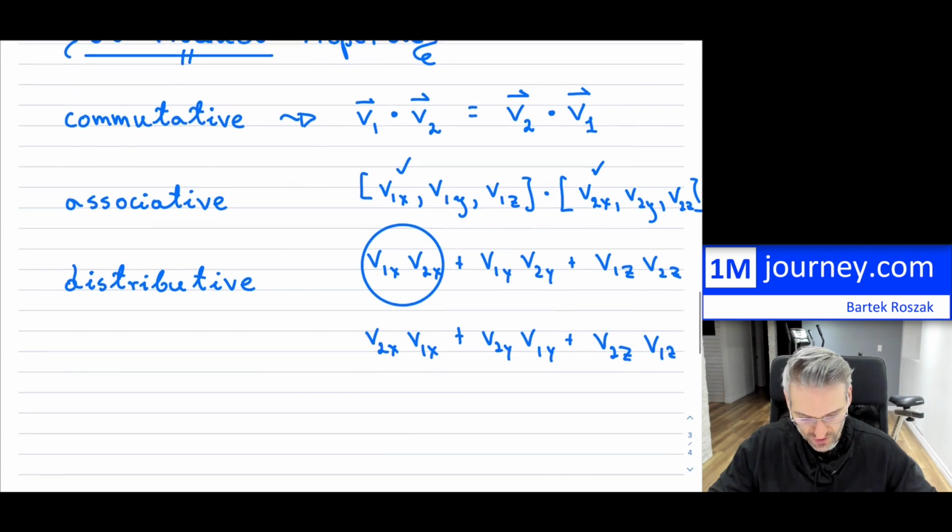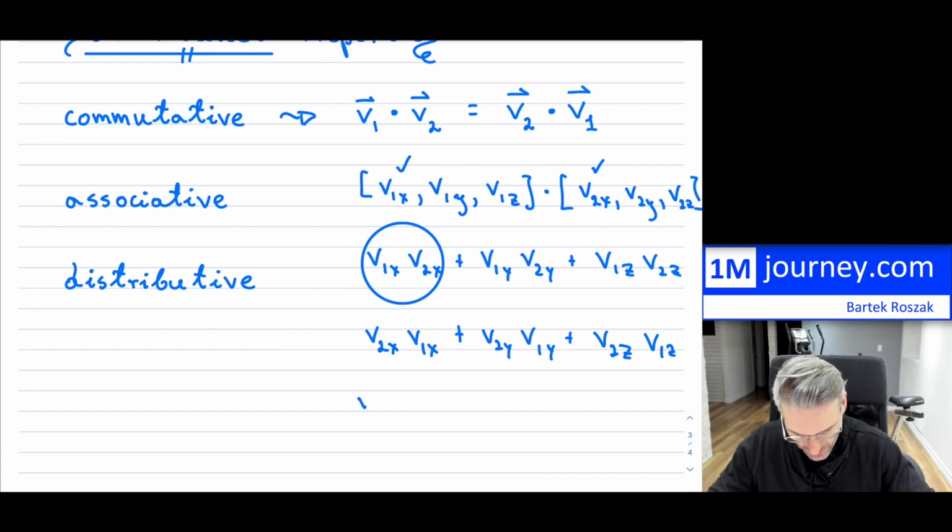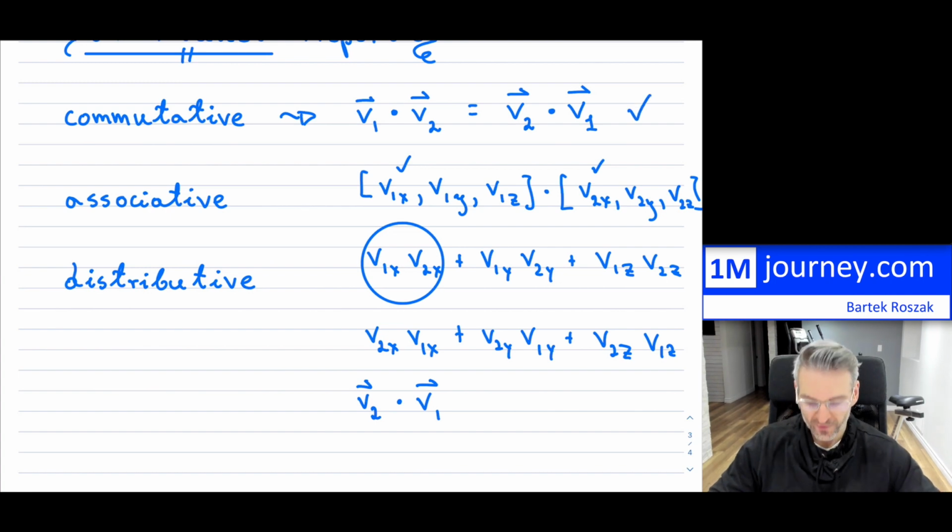Of course, that reversal comes from the commutative property of multiplication of scalars, which you have done all the way back to elementary school. Well, this is the same thing. So if you take this out, this is just simply v2 dotted with v1, which is your commutative property for the dot product.